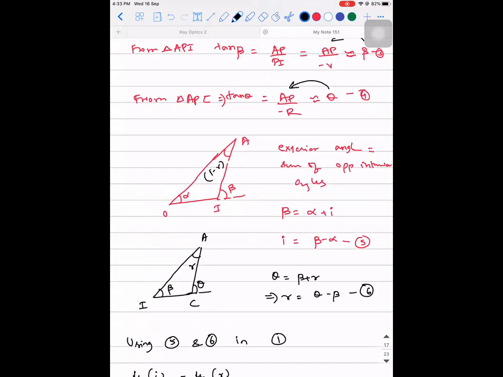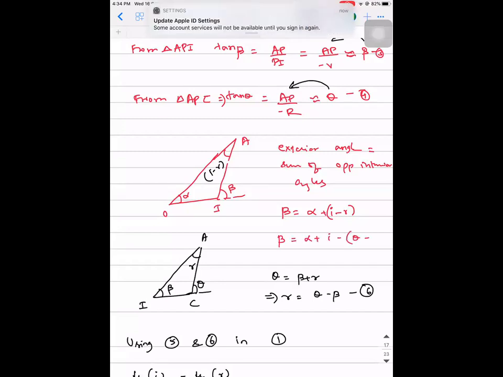Should be I minus R. Then beta will be equal to how much? Alpha plus I minus R. So beta is equal to alpha plus I minus R.